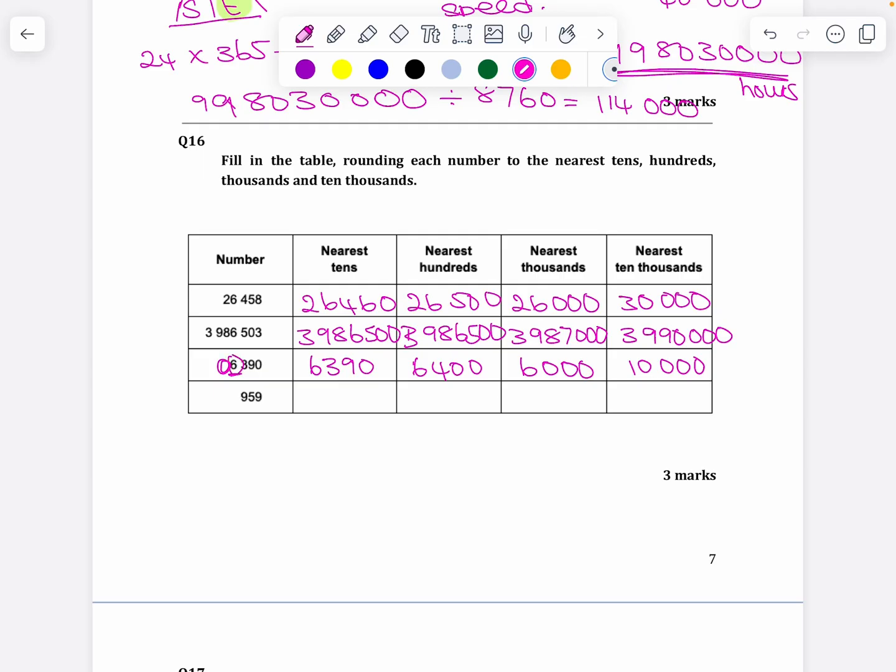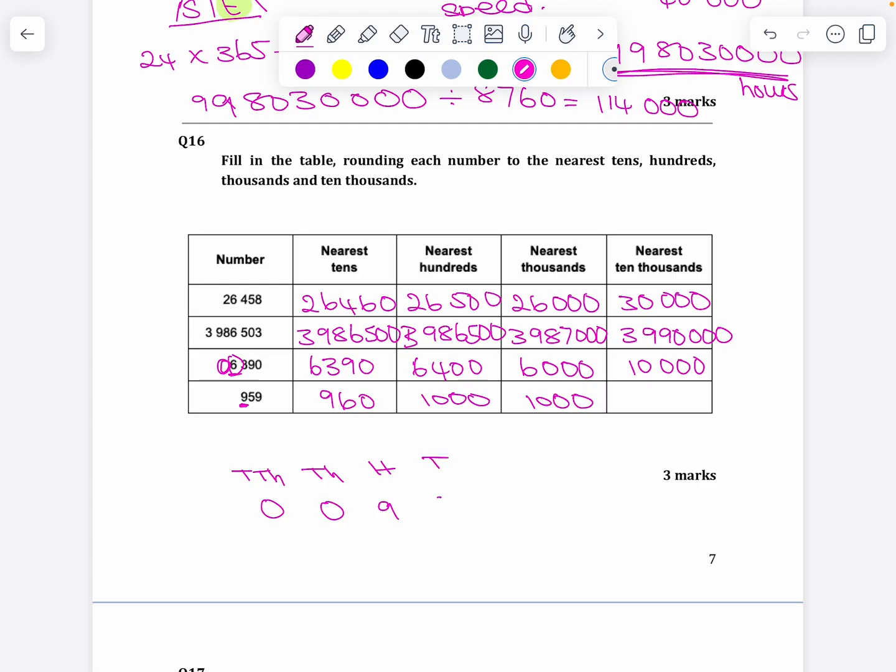The next number. We have to be careful with this last one, but I'll quickly show you. We've got 960 to the nearest 10. To the nearest hundred, this rounds up, so it pushes up to 1,000. To the nearest 1,000, it's also 1,000. And then to the nearest 10,000, you have to be careful. If you look at the place value, 10,000, you've got 0 of them. Thousands, you've got 0. Hundreds, you've got 9.